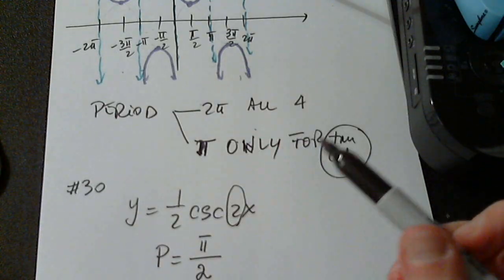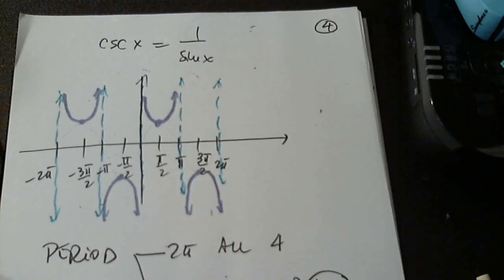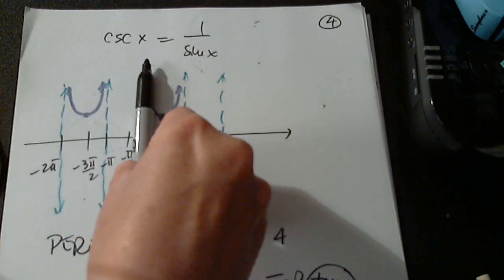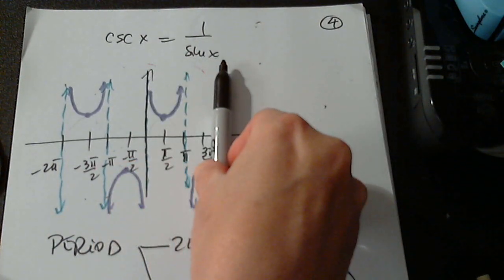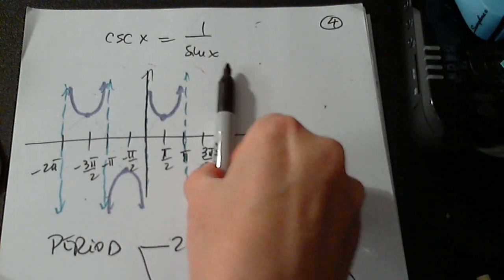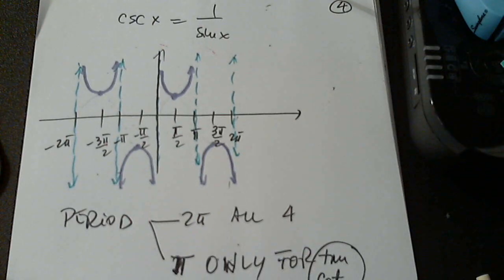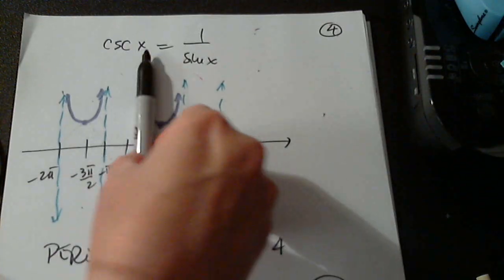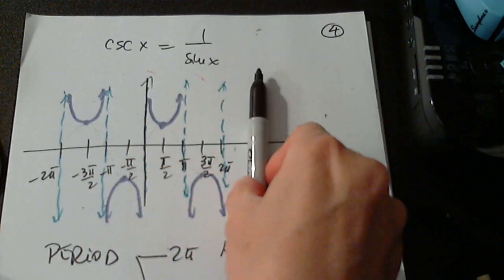As you see here, for example, cosecant, because I have this example and I have the graph, notice that the period of cosecant is 2 pi, as expected. Everything is 2 pi except tangent and cotangent. So this is 2 pi.